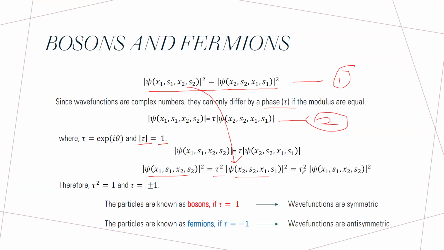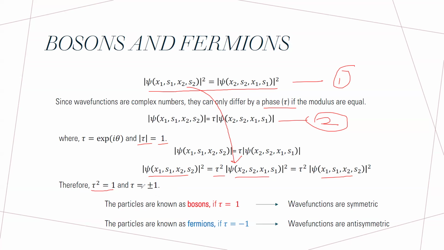So we have the square of the magnitude of psi of x1, s1, x2, s2 is equal to tau squared times the square of the magnitude of psi of x2, s2, x1, s1. So you can see this one and that one are equal. Therefore, tau squared is equal to 1, and tau can be plus or minus 1 because the square of tau is equal to 1.